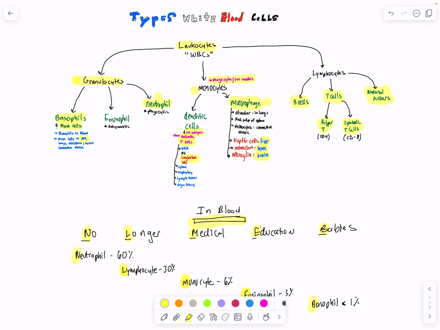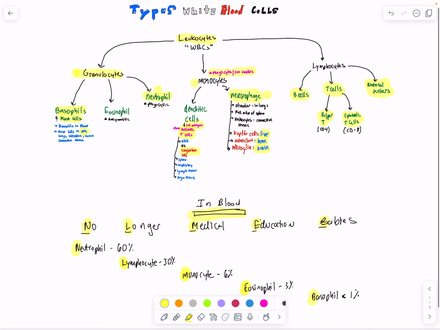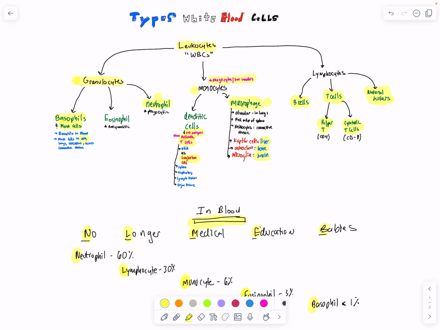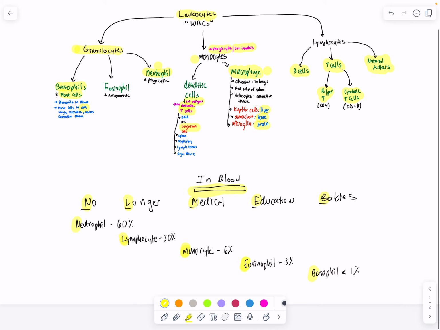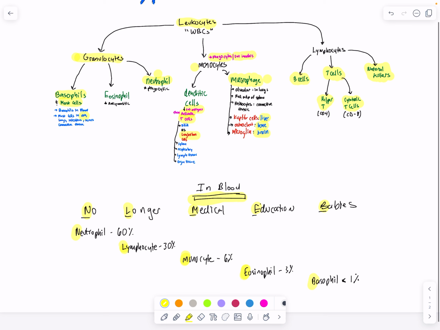All right, so again, of our leukocytes, we have granulocytes, BEN. We have monocytes, which like to eat things. And then we have lymphocytes, which produce antibodies, and then poke the cells in the case of our cytotoxic T cells and our natural killer cells, or poke the invaders to kill them.